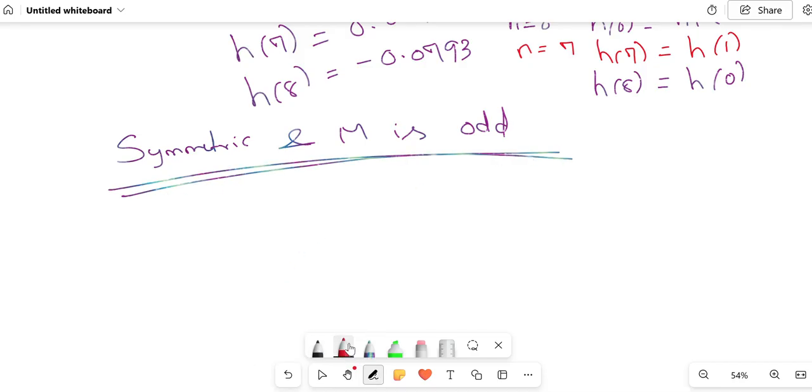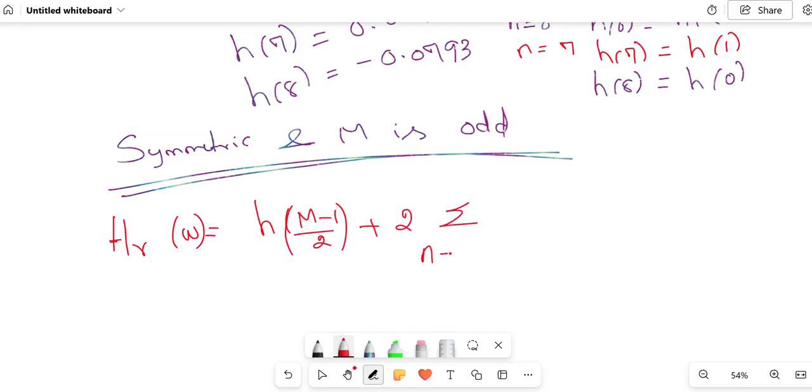The magnitude function HR of omega is equal to h of m minus 1 by 2 plus 2 into the summation from n equal to 0 to m minus 3 by 2 of h of n cos omega of m minus 1 by 2 minus n.